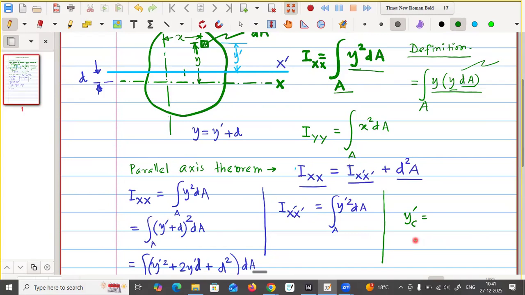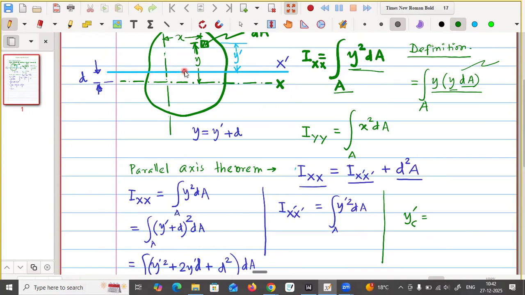The distance of the centroid from the centroidal x-axis itself. That means the y coordinate of the centroid from the centroidal x-axis itself. So from this x prime axis, what is the distance of the centroid?